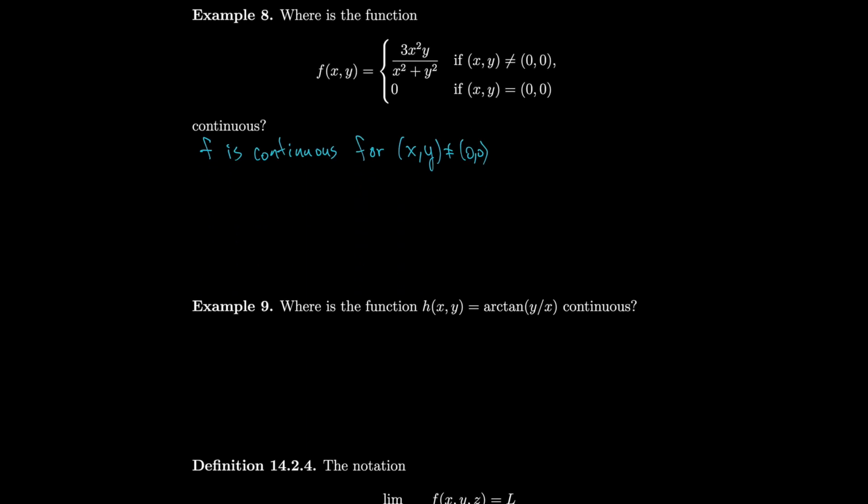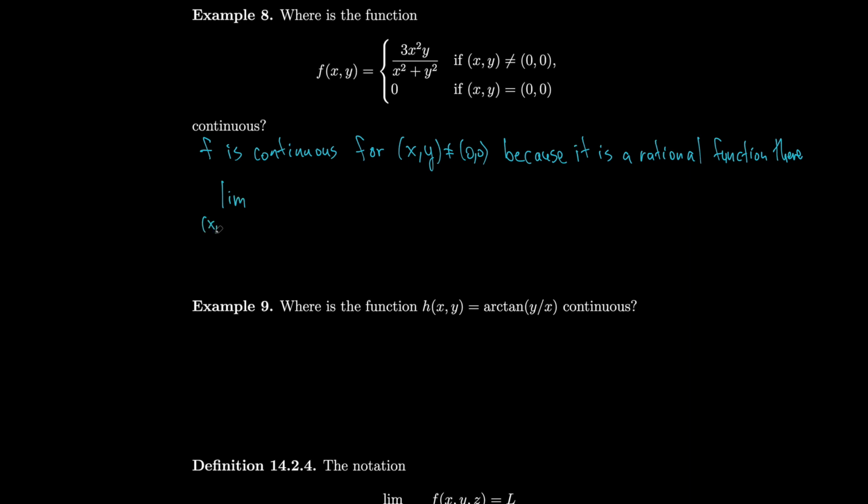So this f is continuous for (x,y) not equal to the origin because it's a rational function, at least in that piece. And let's take our limit now.